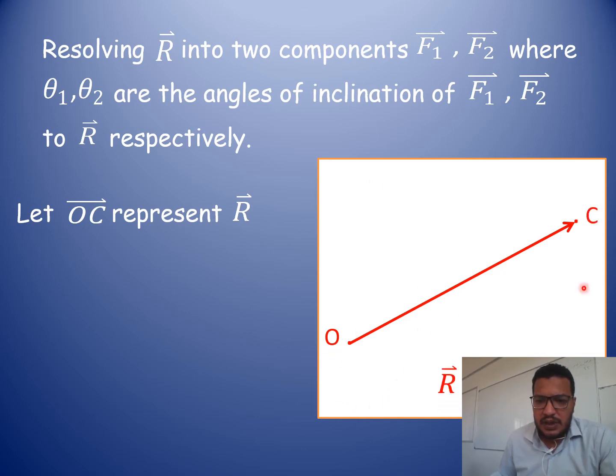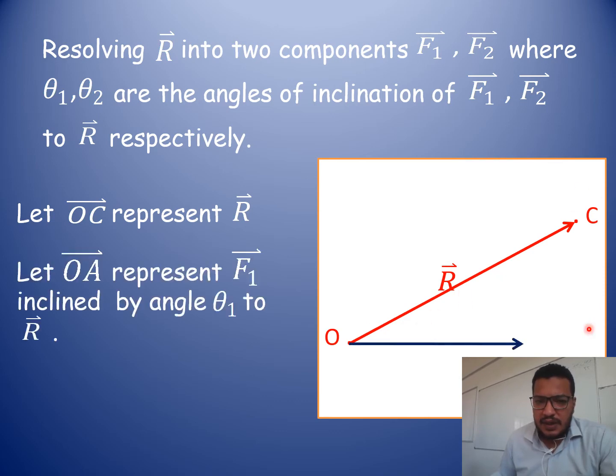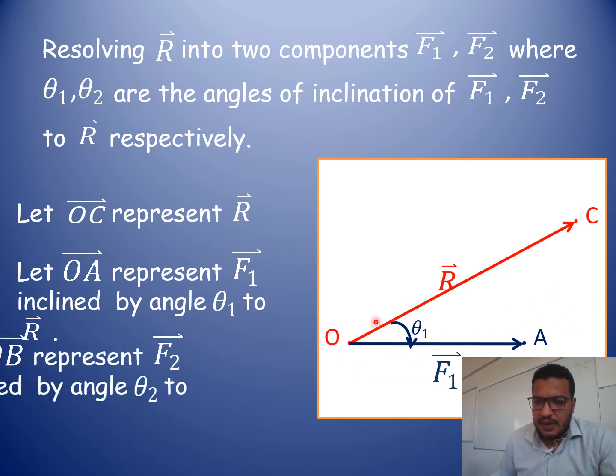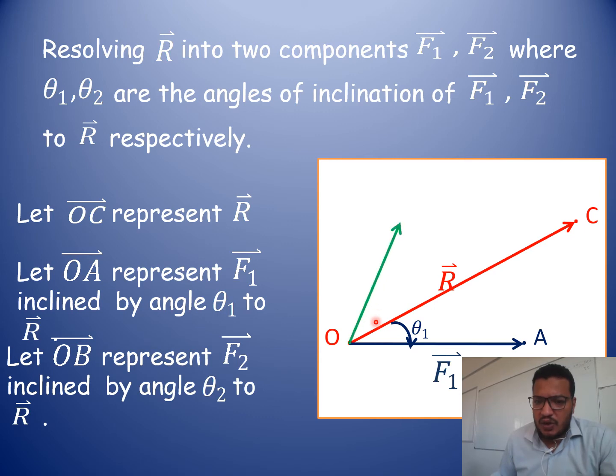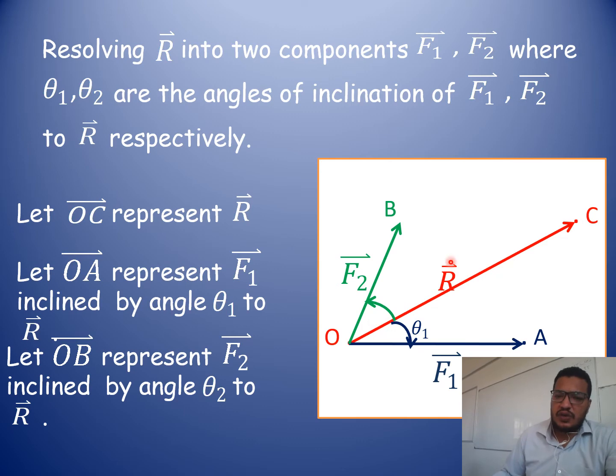This is OC, which represents R, and OA represents F1, and the inclination angle of R with F1 equals θ1, and OB is represented by F2, and the inclination of R with F2 is θ2.